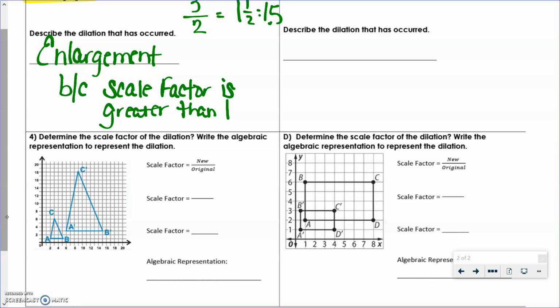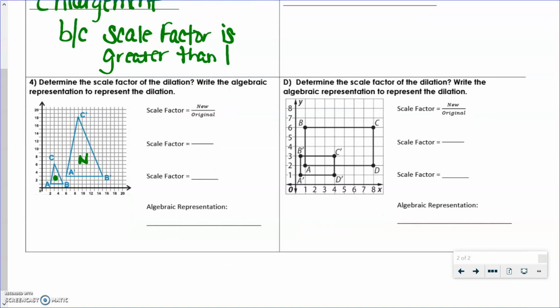So first and foremost, I know this is an enlargement because this is my pre-image and this is my image. So what happens here is we want to discover or find the scale factor. So in order for me to find the scale factor, I'm going to write down my coordinate pairs.